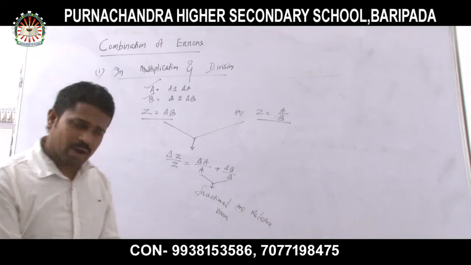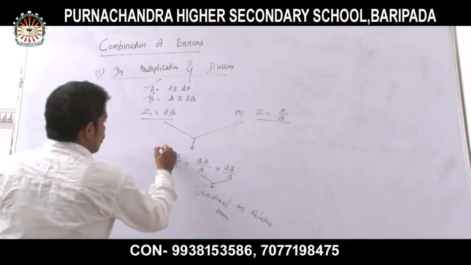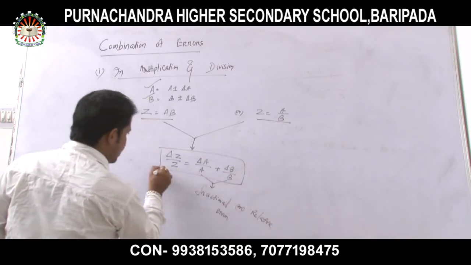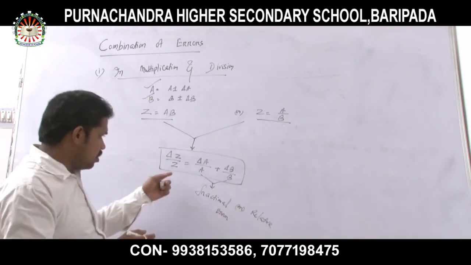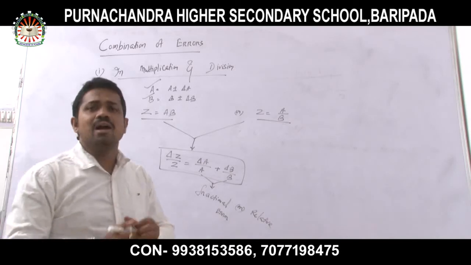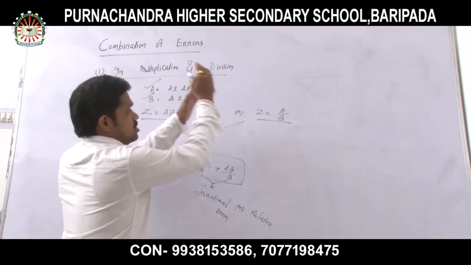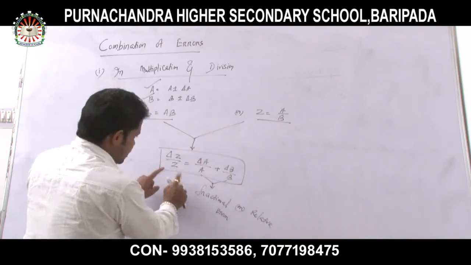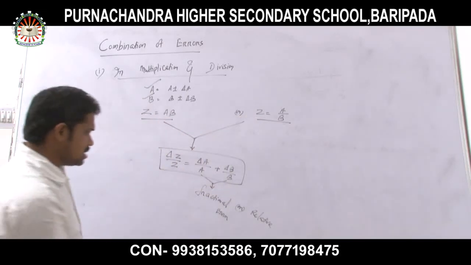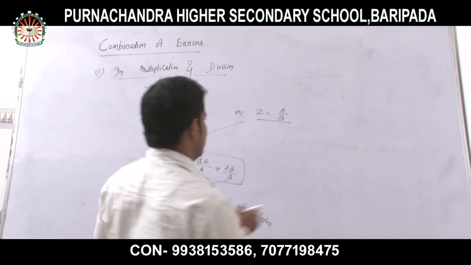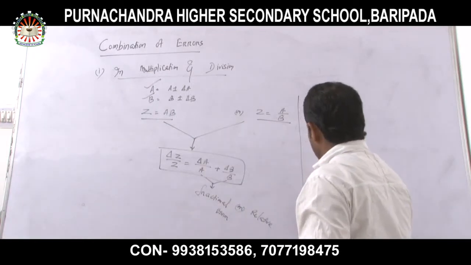Clear all of you? Simply, this is a formula to find out the error in case of multiplication and division. So let us solve a problem, then you can easily verify.